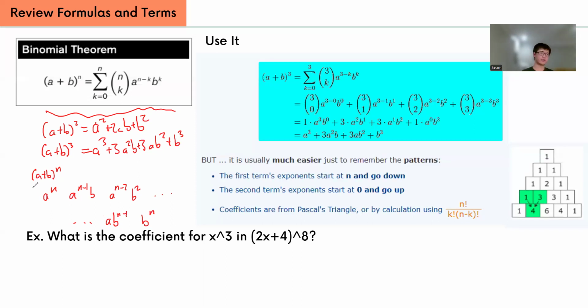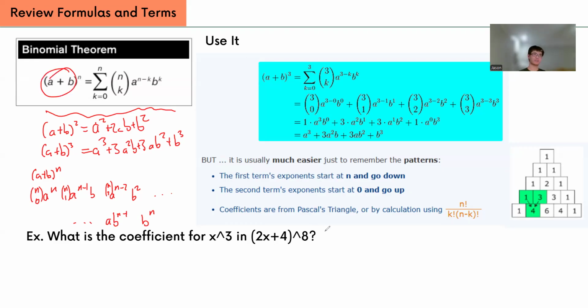Our coefficients are as follows: n choose 0, then n choose 1, n choose 2. It's called binomial because binomial means two terms, so this is a binomial.